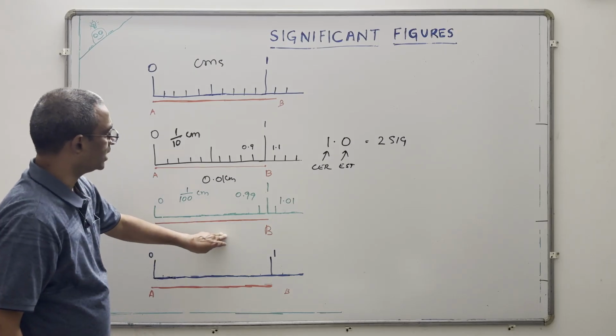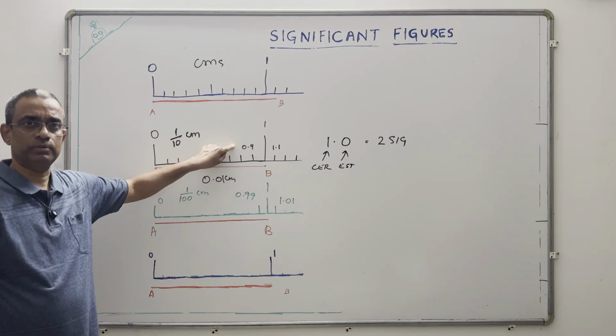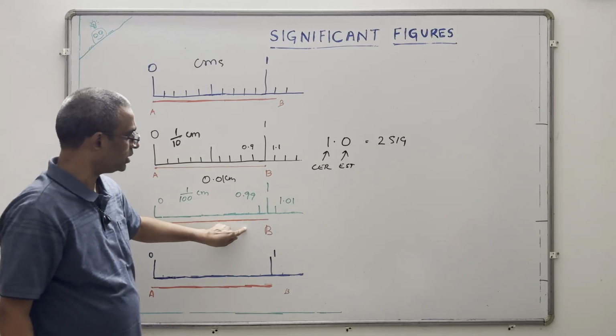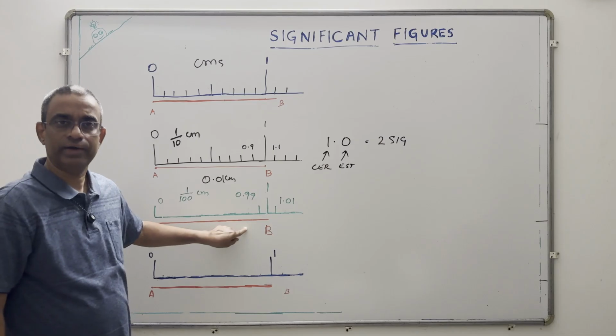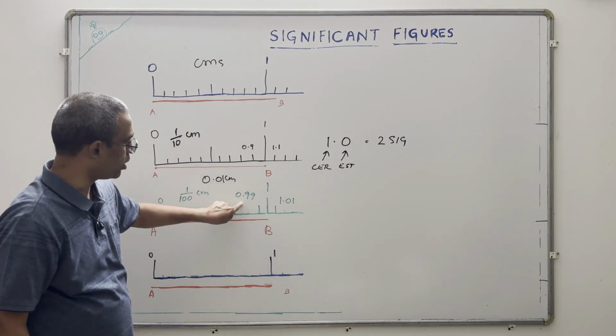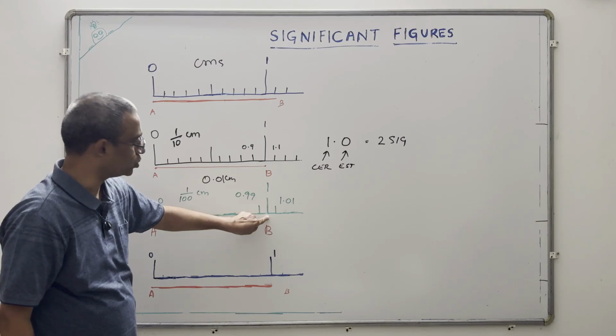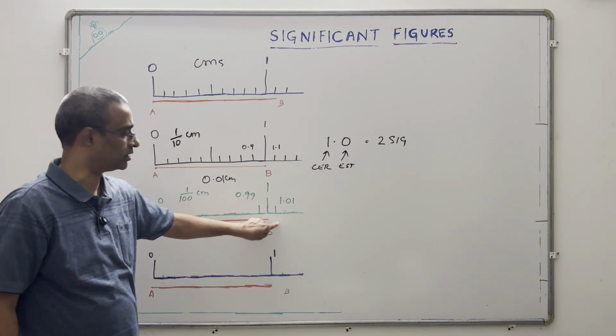If you look at this scale, it was able to measure up to 1/10 of a centimeter, whereas this one we are pretending it can measure up to 1/100th of a centimeter. And this division here is 0.99. This one is the 1 centimeter mark and this one is 1.01 centimeter.